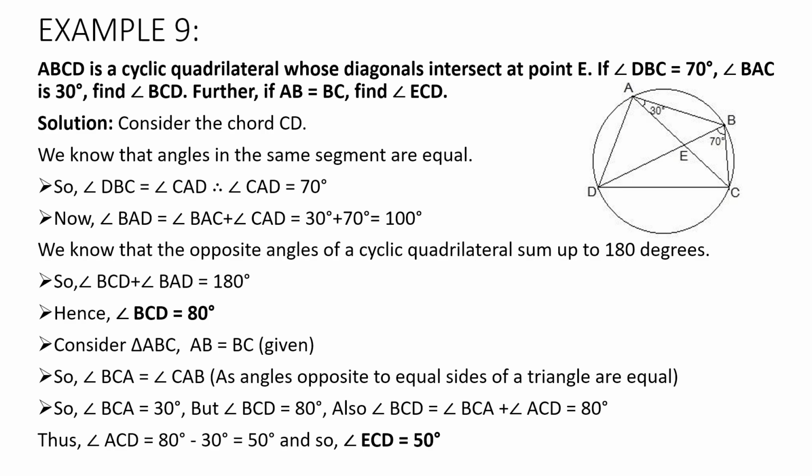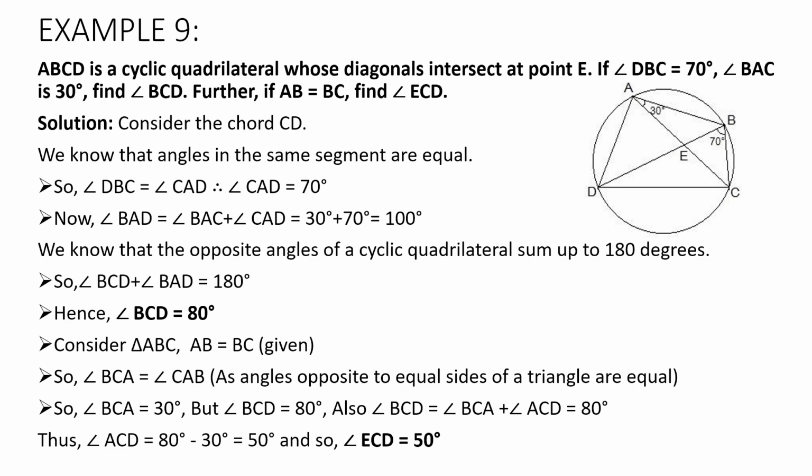In the second part, it is given AB and BC are equal. So consider triangle ABC in which AB is equal to BC is given. So angles opposite to equal sides are equal. So angle BCA and angle CAB, both of them are equal. So angle BCA will be equal to 30 degree.